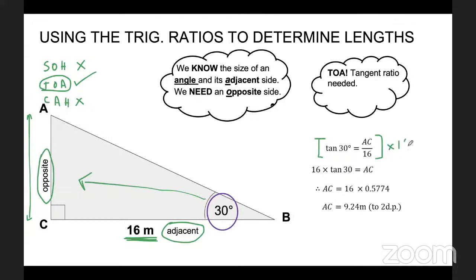So I'm multiplying throughout by 16 there. So 16 divided by 16 gives me what on your right-hand side? If I multiply by 16 and then divide by 16, what happens?